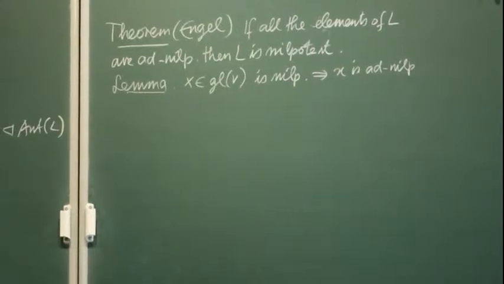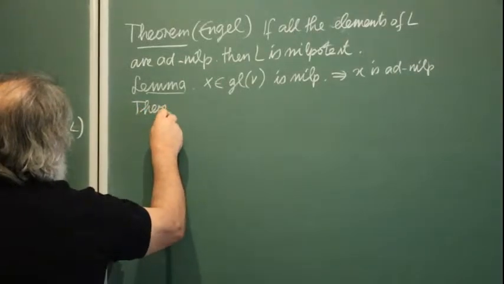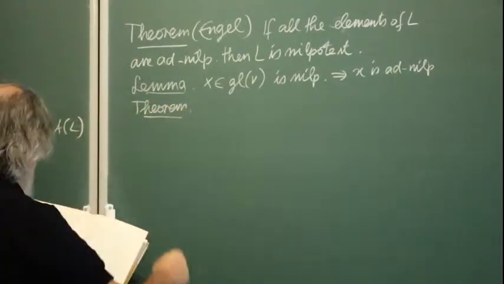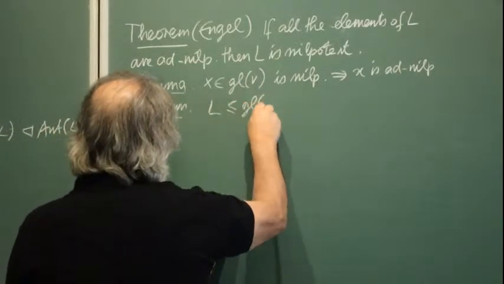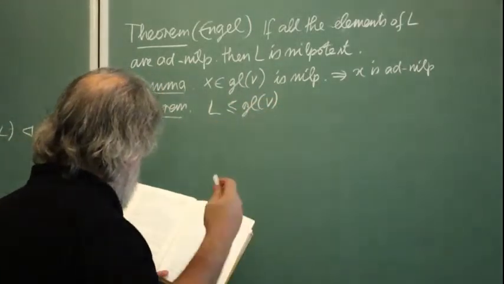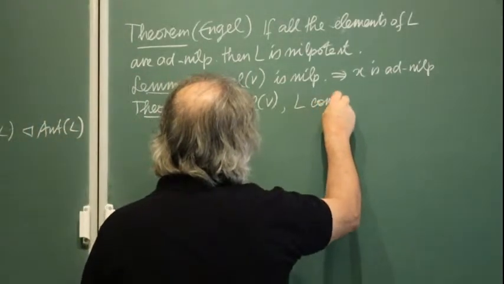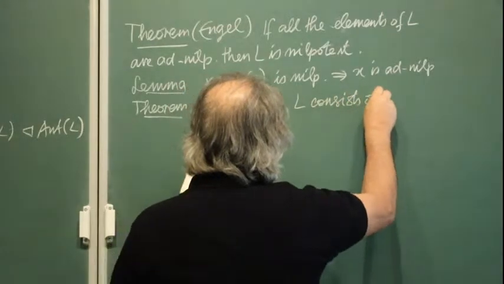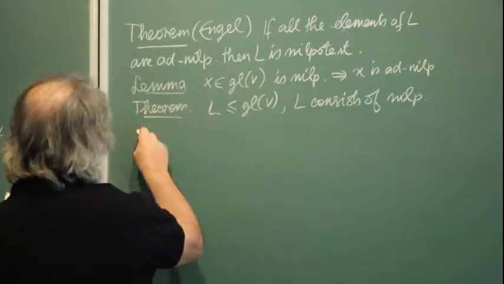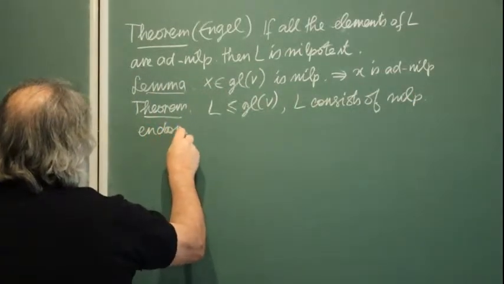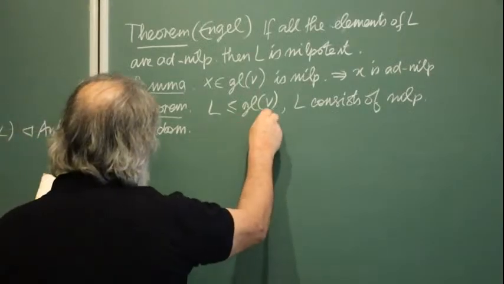And we proved actually a better theorem than this one, another theorem. Theorem: let L be a subalgebra of GL(V), V of finite dimension, of course. L consists of nilpotent endomorphisms, and V is different from 0.